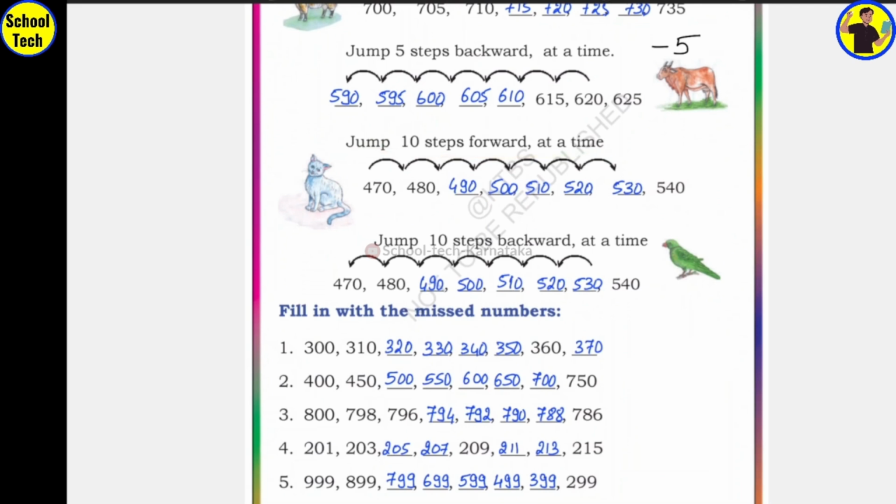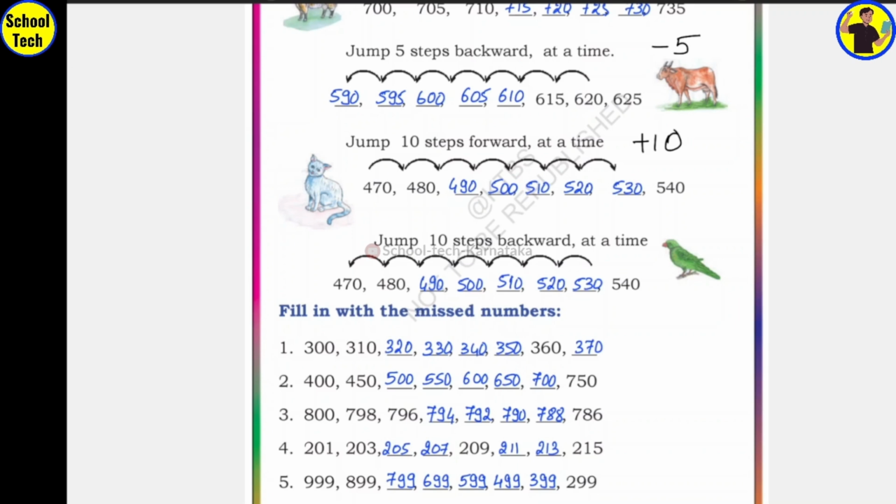So if you want to jump 5 steps at a time, you add 5. If you want to jump 10 steps forward, you add 10. That's right. You add 10.